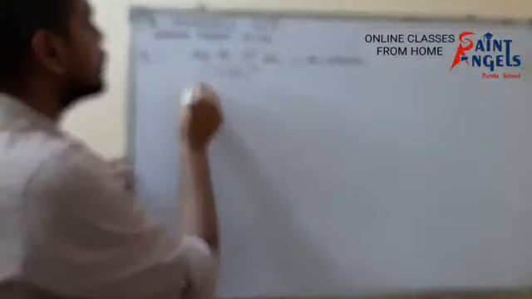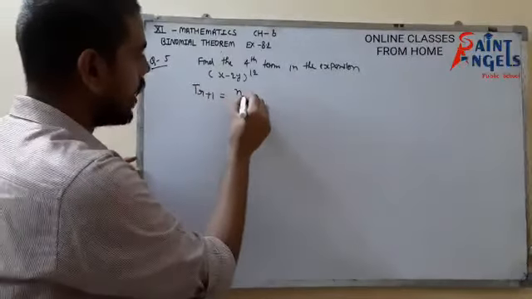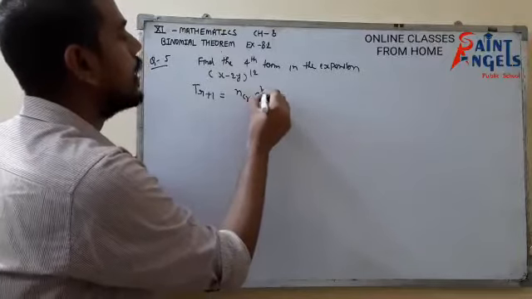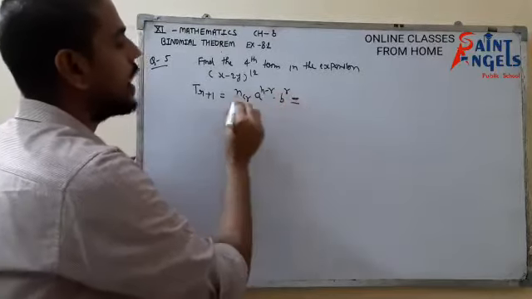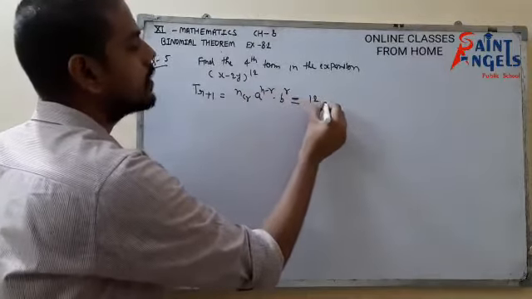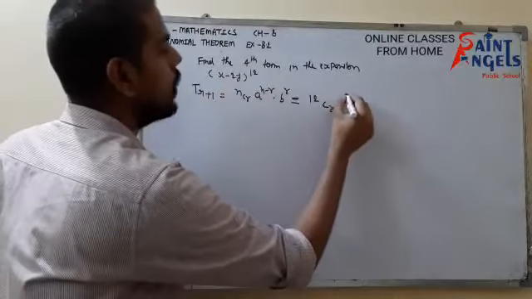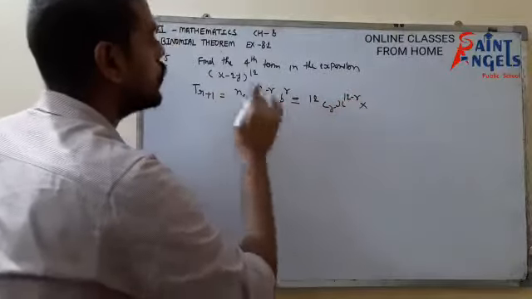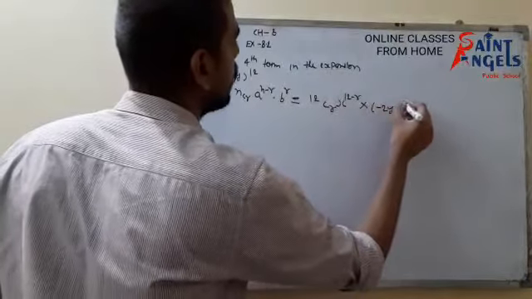So the general term is equal to what? T(r+1) is equal to nCr a to the power n minus r into b to the power r. In this case, n is 12, r we have to find, a is x to the power 12 minus r, and b is minus 2y, so (minus 2y) to the power r.